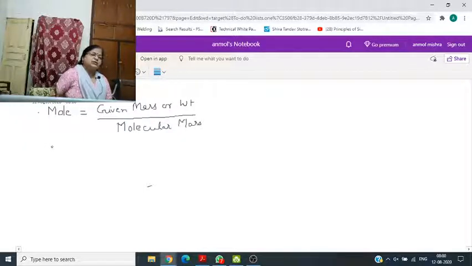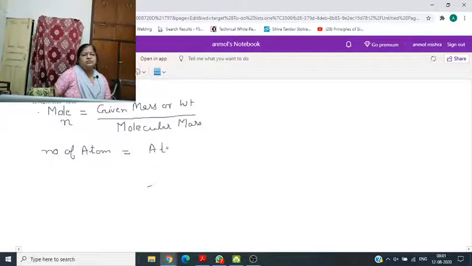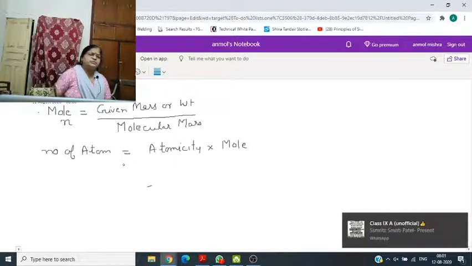Second formula you can use is the number of atoms. Now this mole is represented by small n. Number of atoms is atomicity into mole. It means atomicity into given mass upon molecular mass into Avogadro's number.